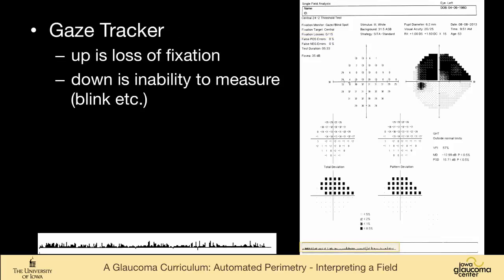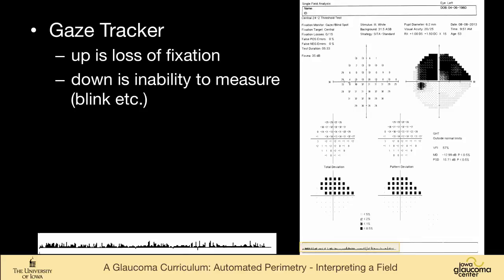An adjunct to that is the gaze tracker, in which the cornea is followed to see if the patient moves. So you can see in this bar at the bottom, every time the patient moves, there's an uptick, and whenever the machine is not able to tell whether the patient has moved or not, then there's this downward fluctuation.